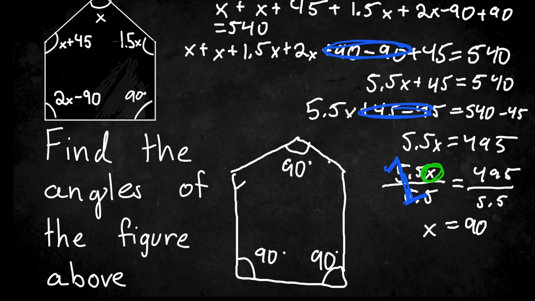Then you have x plus 45, which is 90 plus 45, which is 135 degrees. Then you have 1.5 times x, or 90, and that is 135 degrees.